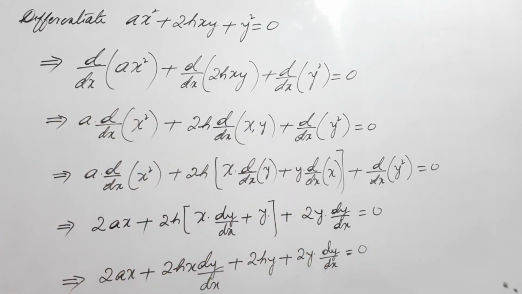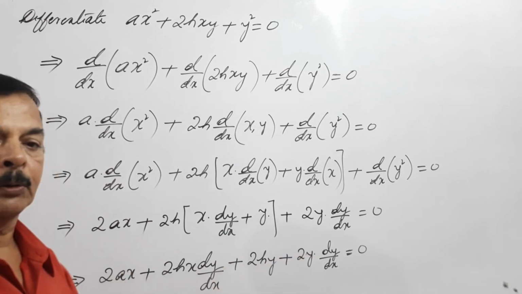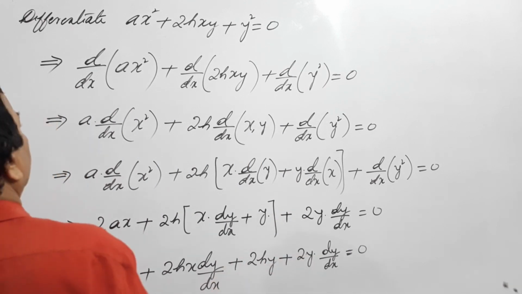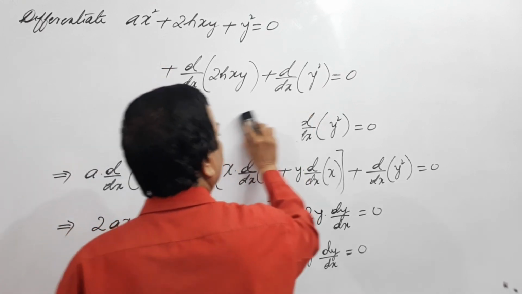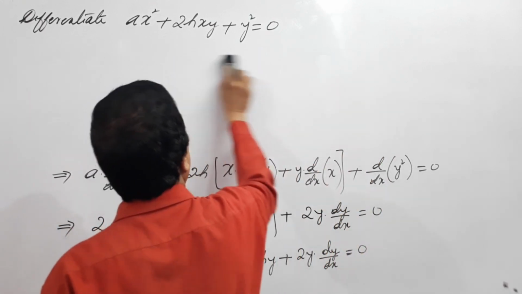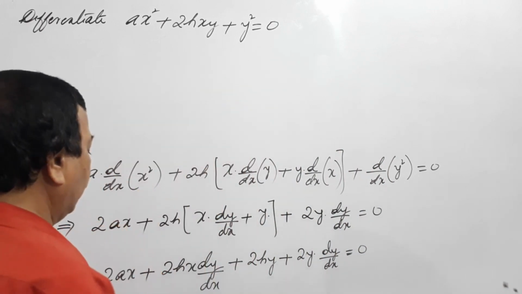So what I'll do is, I'll divide throughout by 2. I'll rub this. So dividing throughout by 2, what happens?